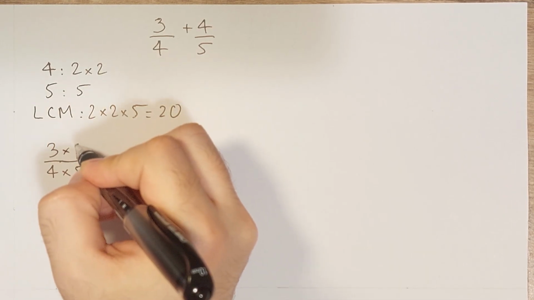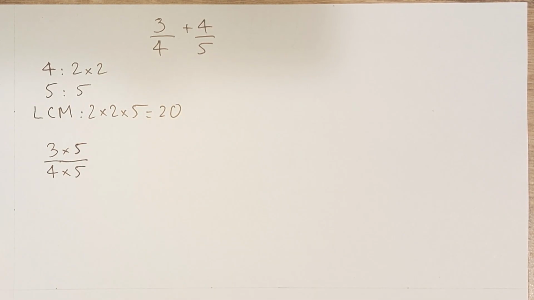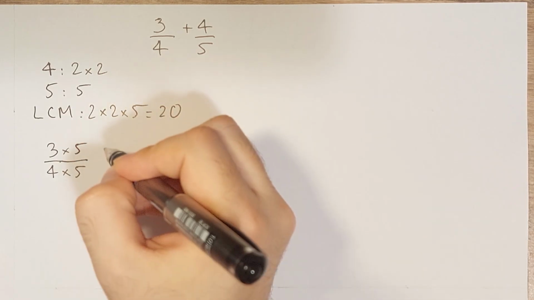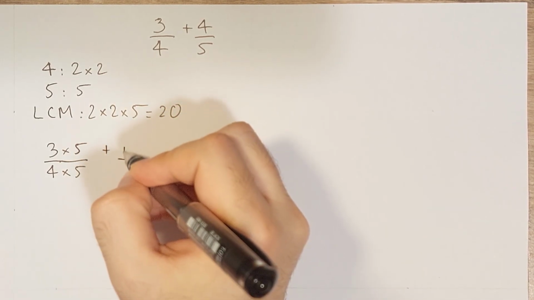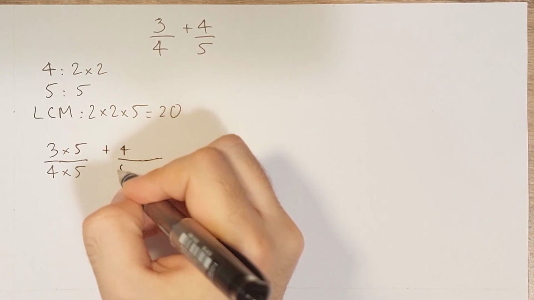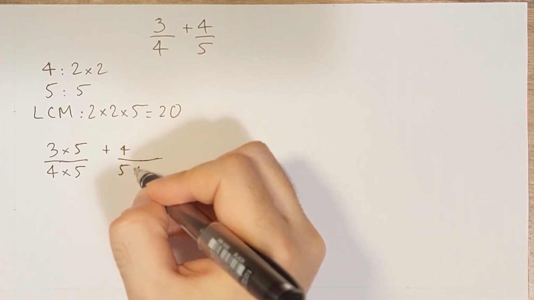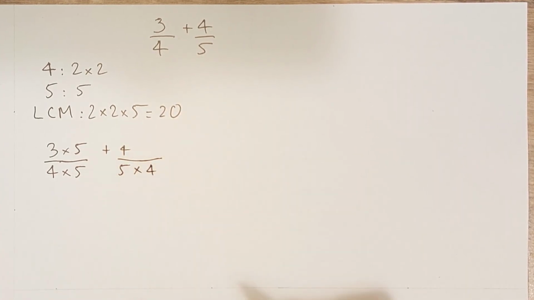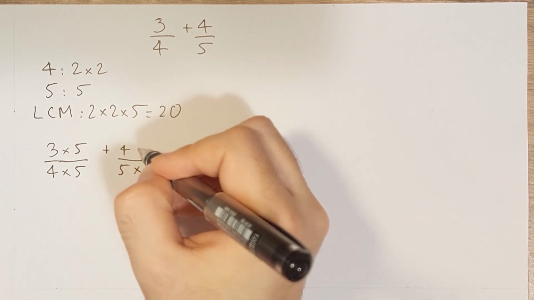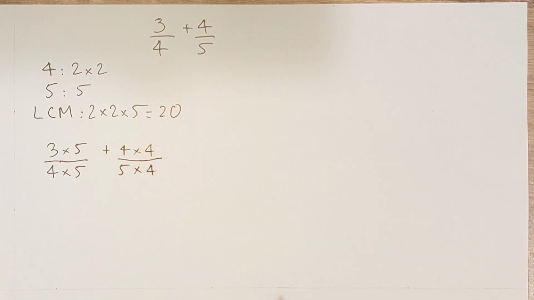So I'm going to multiply the numerator by 5 as well. We do the same here. 4 by 5, we have to multiply 5 by 4 to make it 20. And we will do the same to the numerator so that the fraction remains equal.